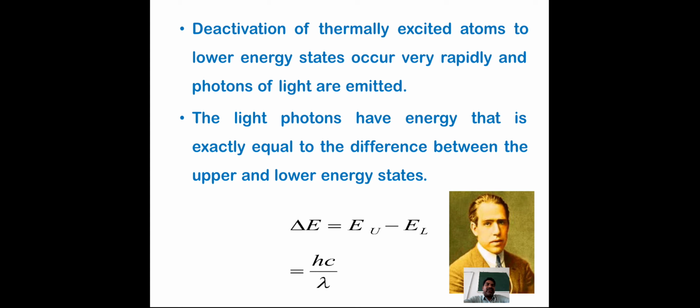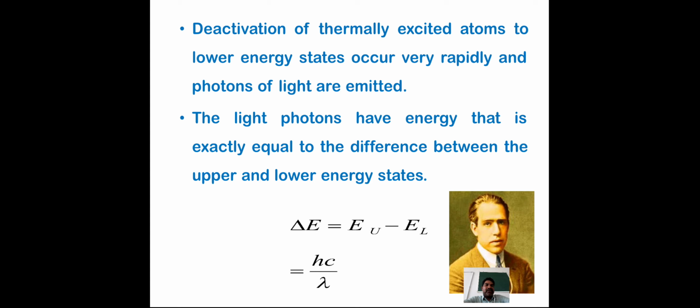The light photons have energy that is exactly equal to the difference between the upper and lower energy states, by the relation delta E equals E upper minus E lower. We know that energy is proportional to frequency, so that energy difference equals h times the frequency, and the frequency can be written as c by lambda.